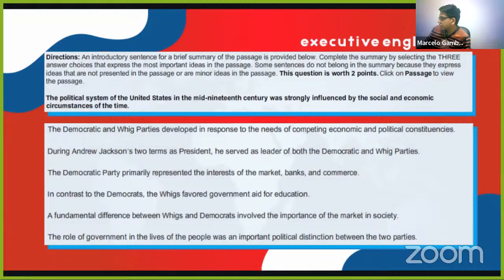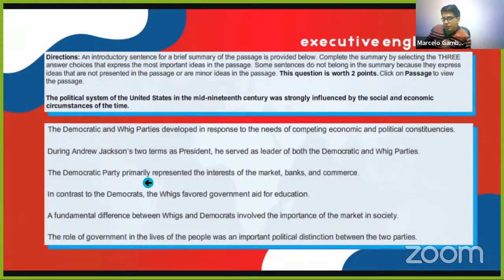When he started out, he was the head of the Democratic Party, so he was a Democrat. He was a strong president who shaped the power of the presidency, but he was not the representative of the Whig Party. So this is false.